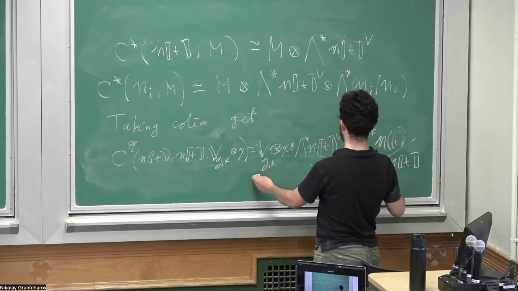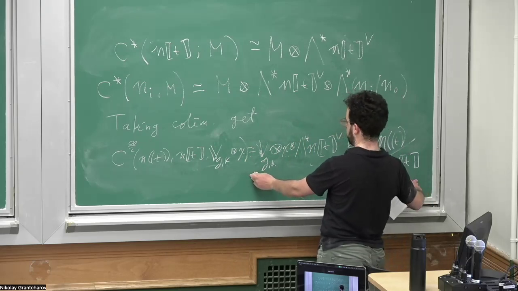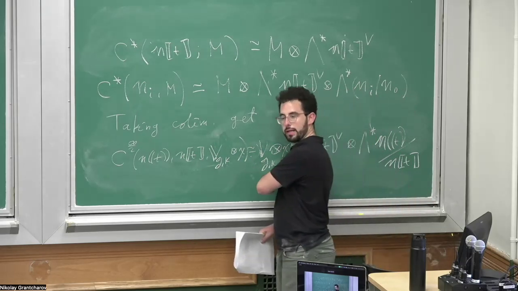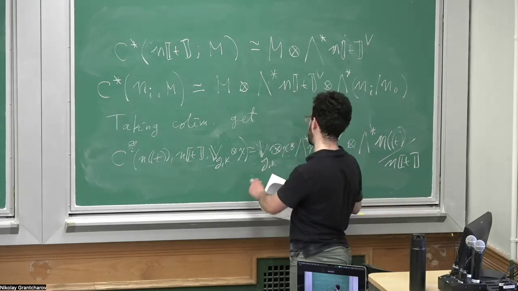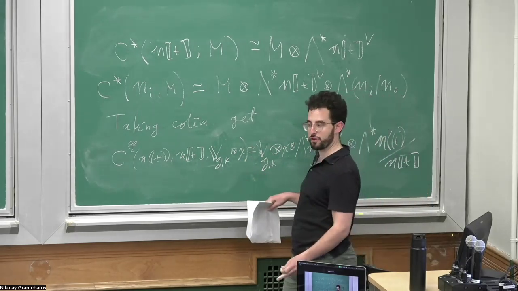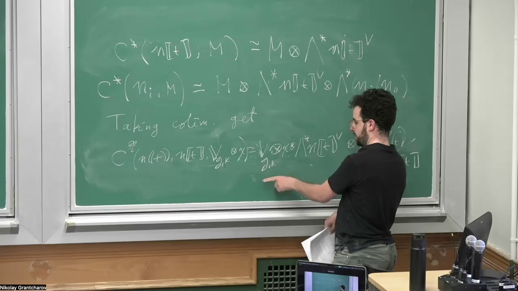The strategy is to say this entire thing will have a structure of vertex algebra, and the differential of this complex will be compatible with the vertex algebra structure. So when we take homology, we'll get a vertex algebra. We already have a vertex algebra structure on that.